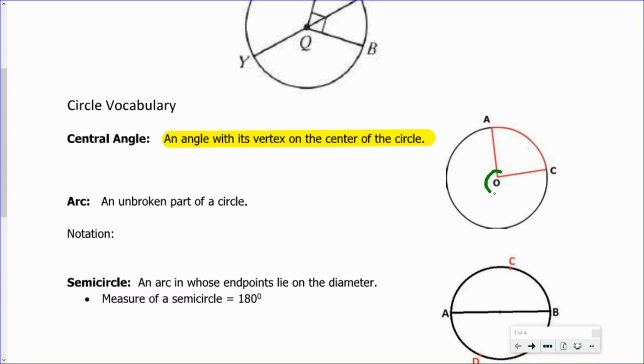O is the center of this circle. Angle AOC has its vertex at the center of the circle, so angle AOC would be an example of a central angle. Okay. Or we could also call that angle COA.